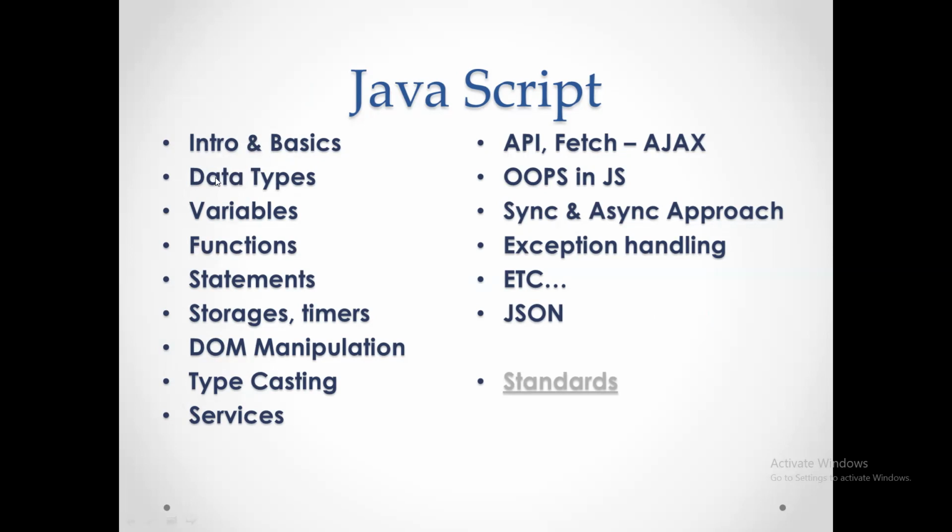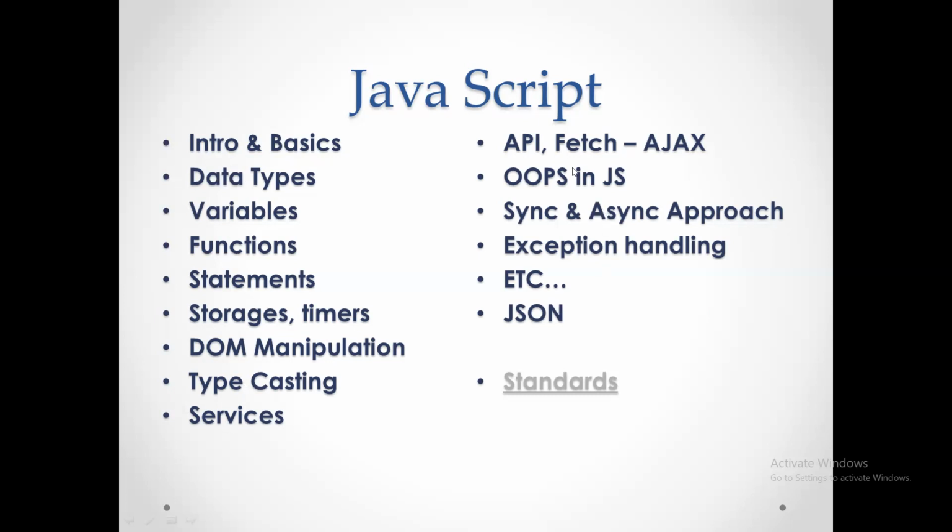Next, strict mode and how to create functions. Different types of functions are there: function, arrow function, anonymous function, callback function, IIFE. All these functions we are going to cover. Statements, how to work with storages, timers, DOM manipulations, type conversions, services.